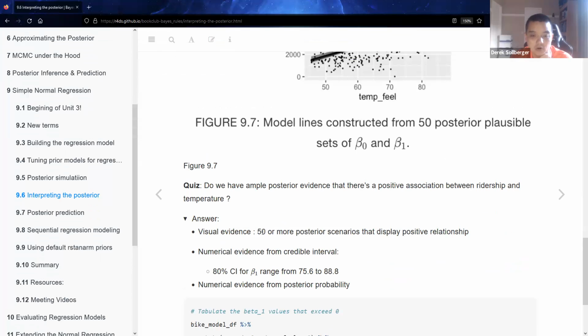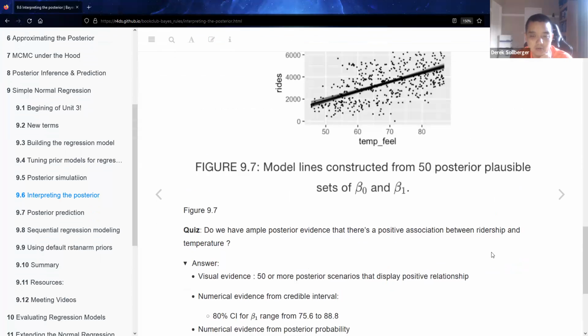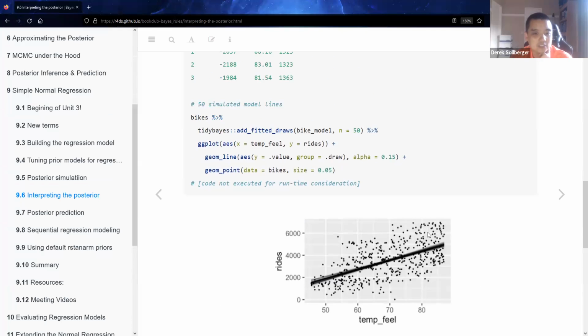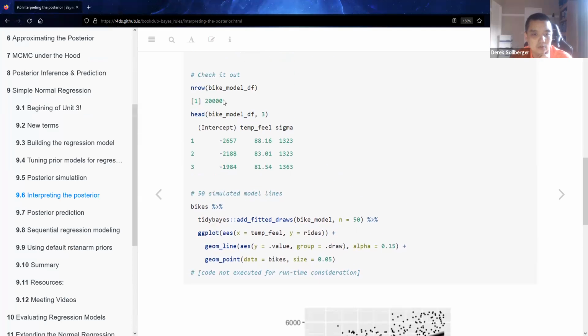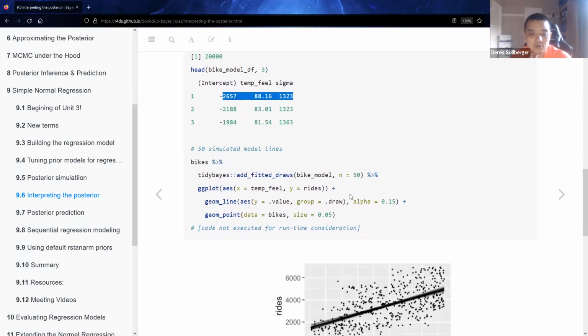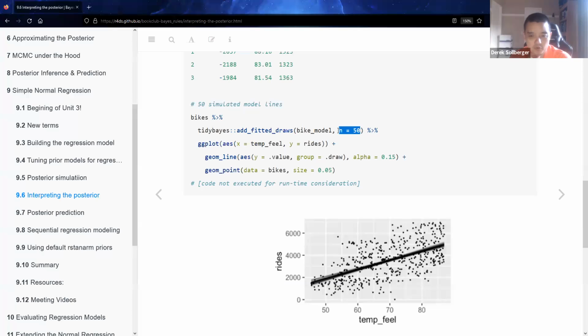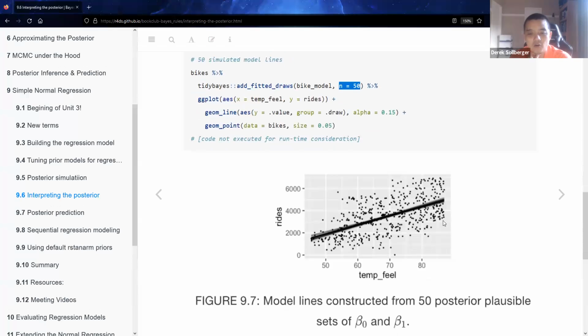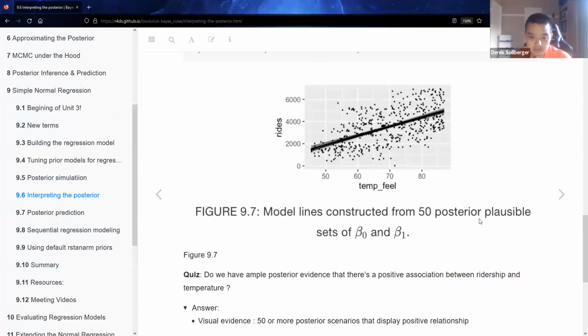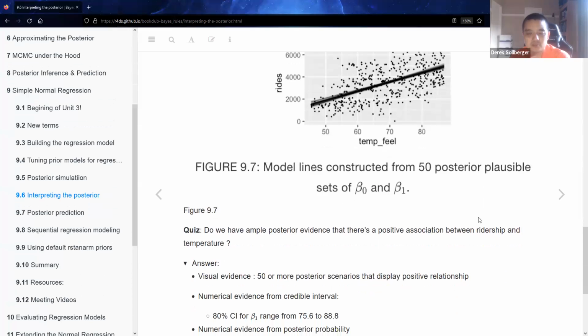From the 20,000 observations that we could build this linear relationship on, in this sample of 50, all 50 had positive slopes. So that looks pretty convincing so far.